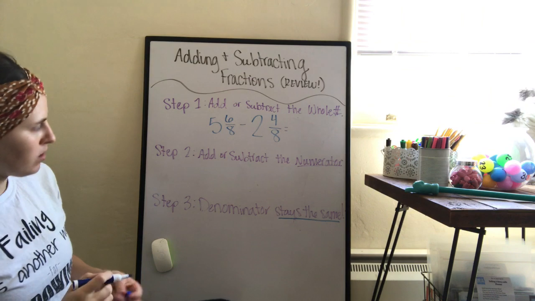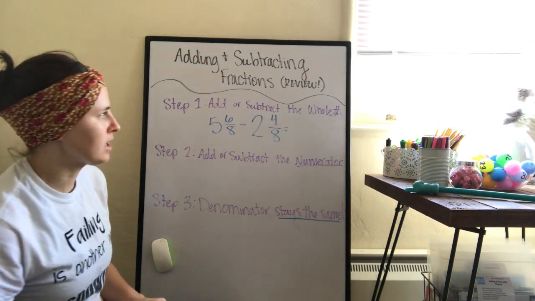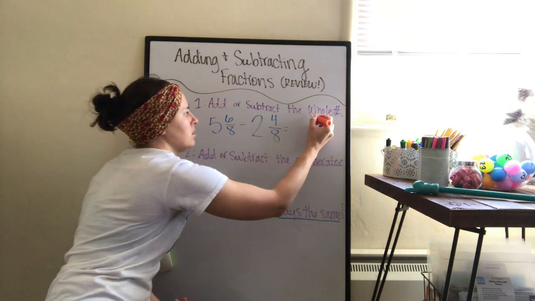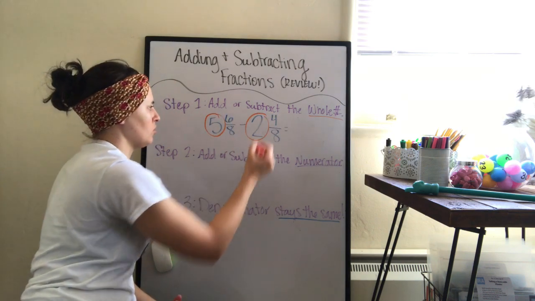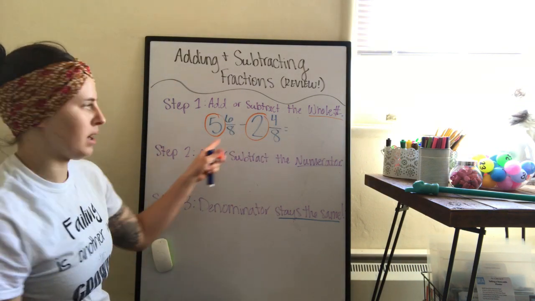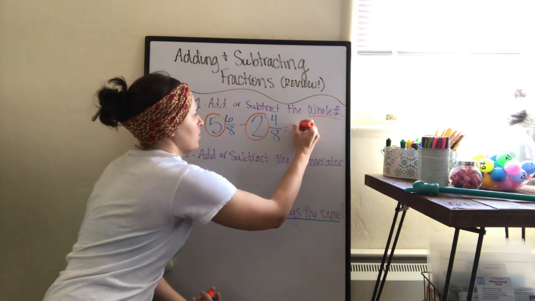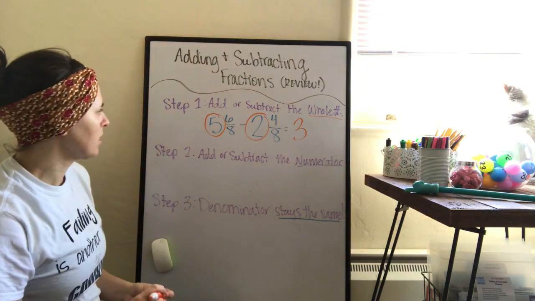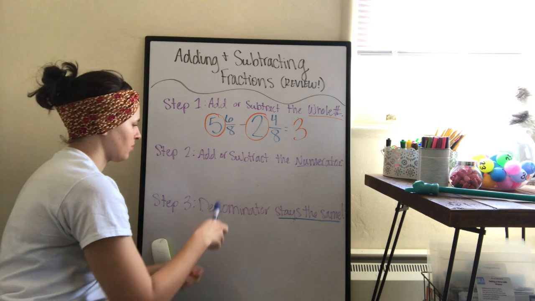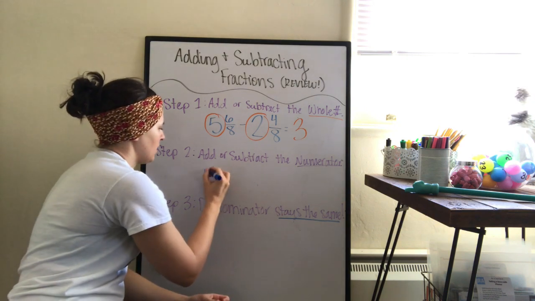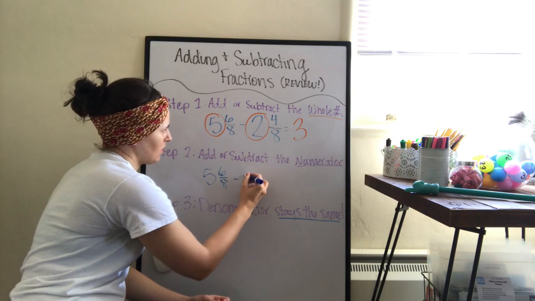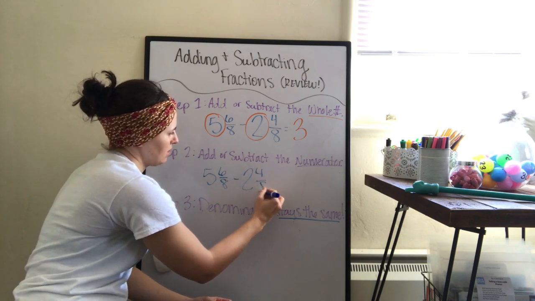Okay, so step 1, subtract the whole number. Our whole numbers are 5 and 2. What is 5 minus 2? 3. Okay, step 2. Gotta keep my pen open. 5 6/8 minus 2 4/8.